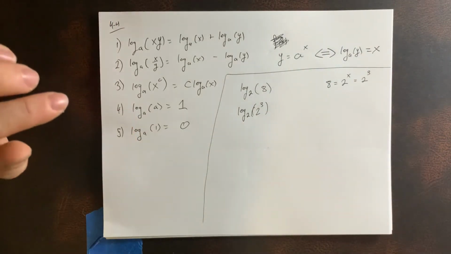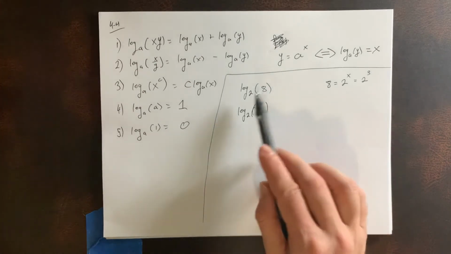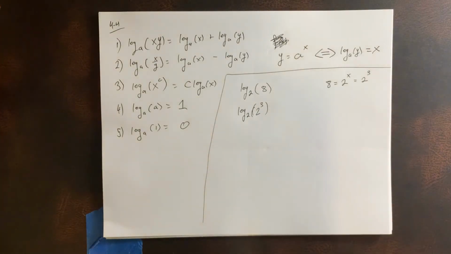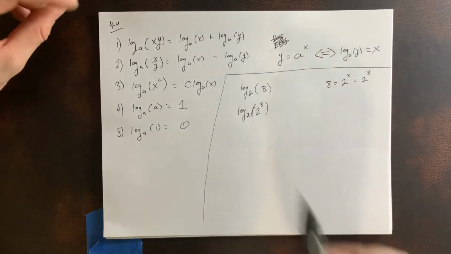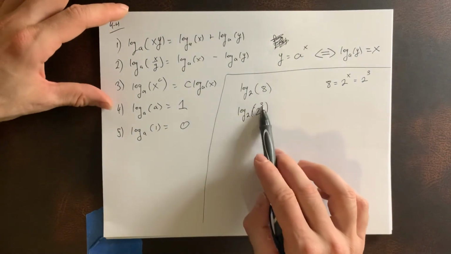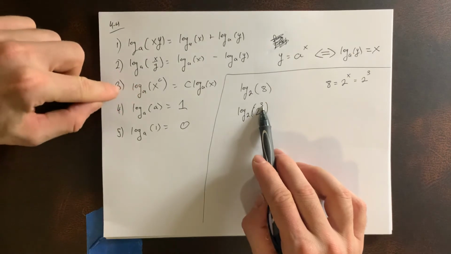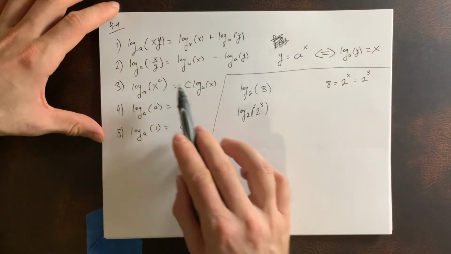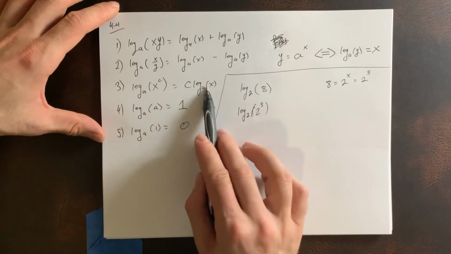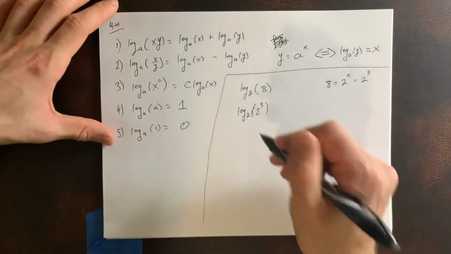Now the reason why we want to do that is, normally we would need a calculator to simplify these things, but there are specific times where we don't, and this is one of them. Because we can write 8 as 2 to the 3rd power, we're going to use property number 3, which says when we have a power on the inside, we can bring that power to the front and rewrite the log with the inside without the power.